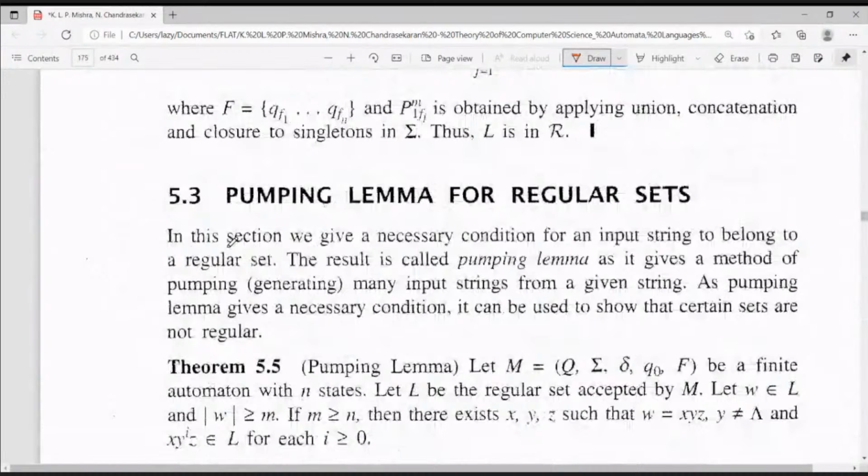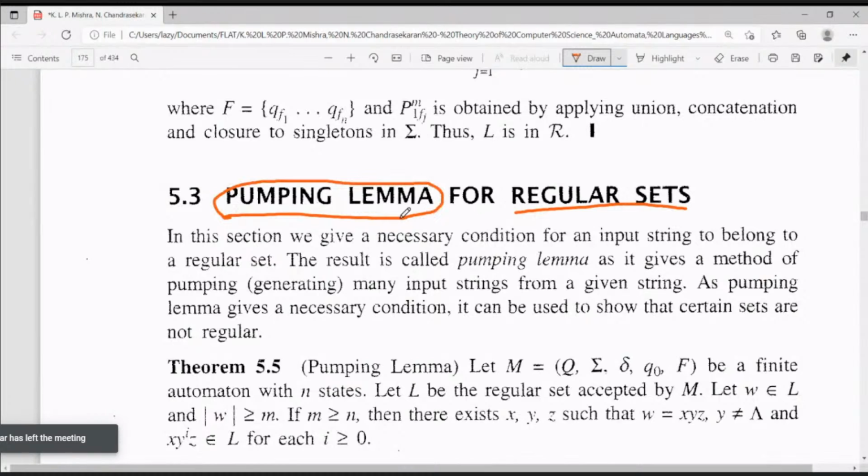So this is an important concept, pumping lemma. We will discuss this when we visit a proper example. You can assume that this is the lemma which can be used to verify whether the given language is a particular kind of language or not.